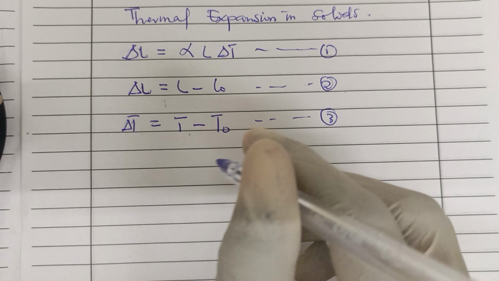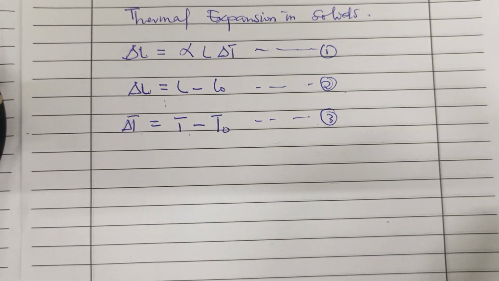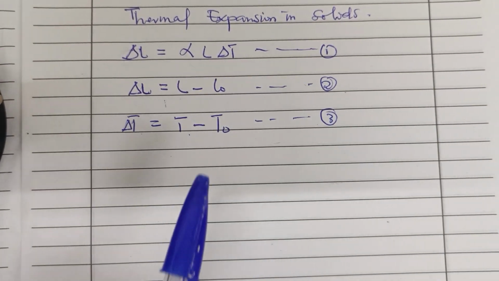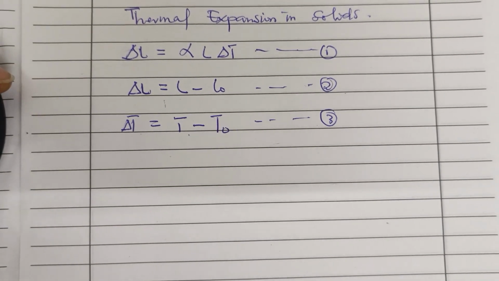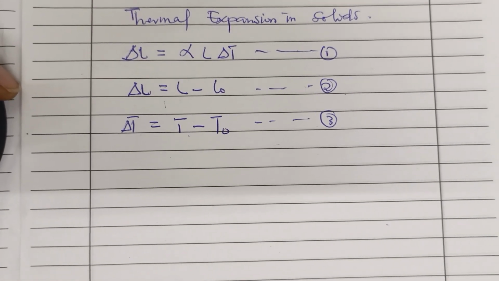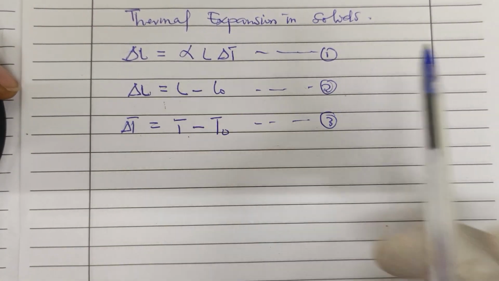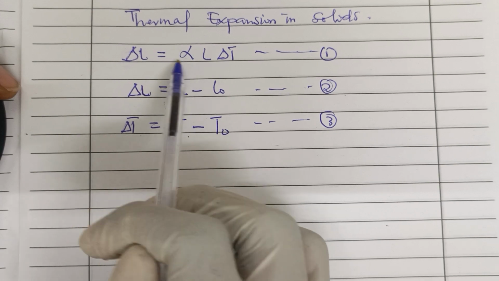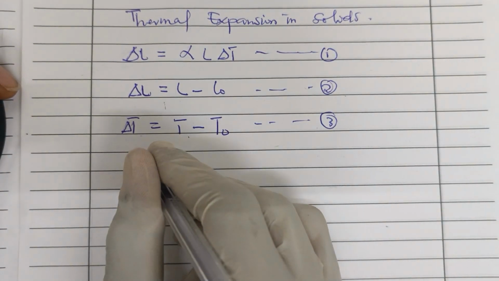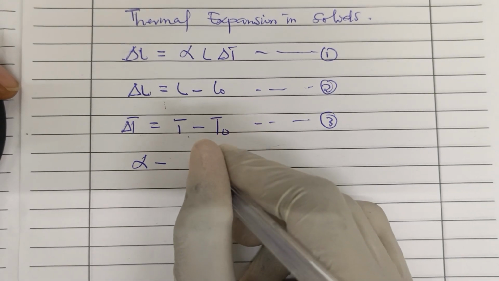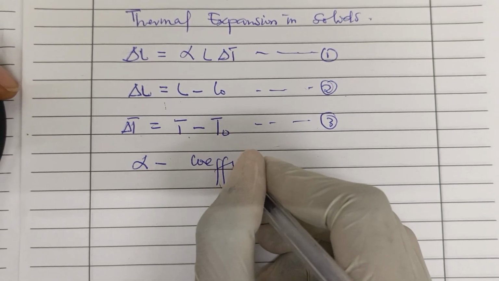We are not really making use of the pressure here, and this time we are finding the thermal expansion in solids, not gas. So we are not applying Charles' law directly, but we apply it in a certain way. We are interested in the coefficient of linear expansion.